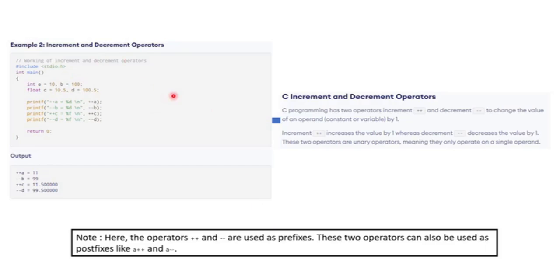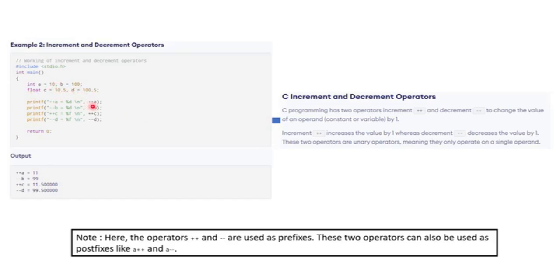Second one is the increment and decrement operator. These are unary operators. They work on a single operand, that's why the name unary. For increment we use two plus signs, and for decrement we use two minus signs. Here we have the value of a as 10 and b is 100.